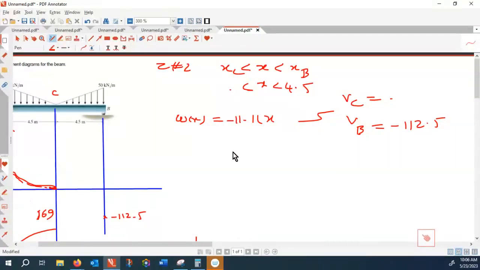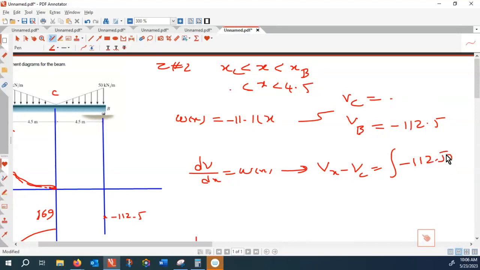And how do I find V? So dV/dx is equal to W of x, and therefore V of x minus V of C is the integral of W of x dx.